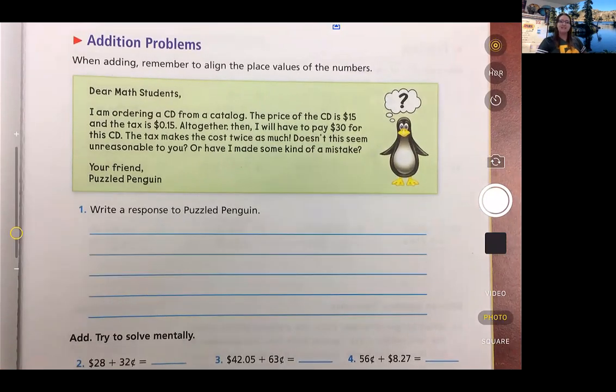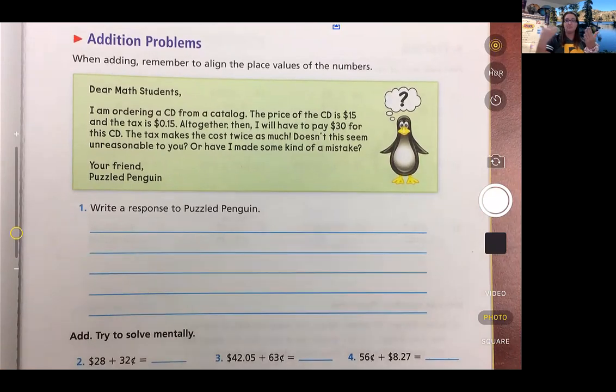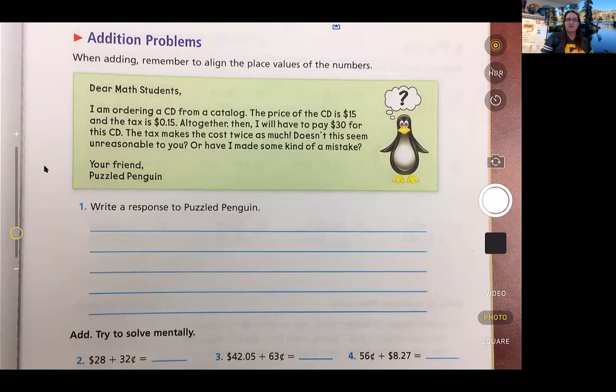So what do you guys think? He said the CD is $15 and the tax is 15 cents. And he says he has to pay $30 total, because he says 15 plus 15 is 30. Is that correct? No. He didn't line up the decimals, because it's 15 cents, not $15.